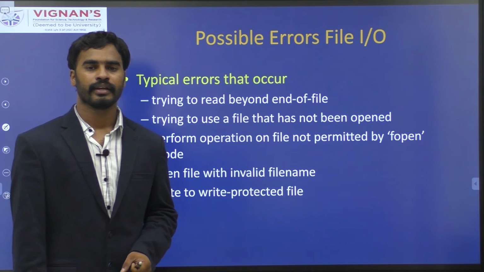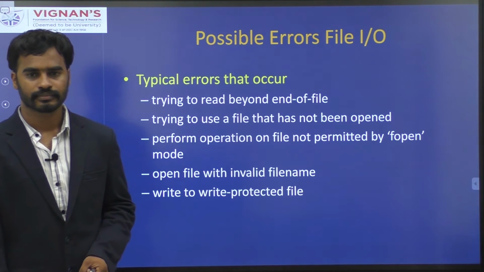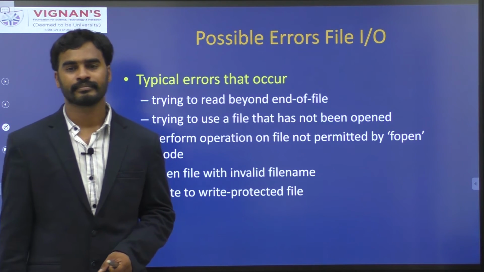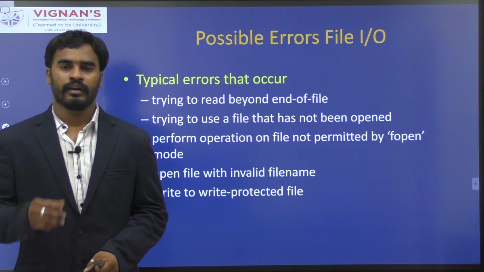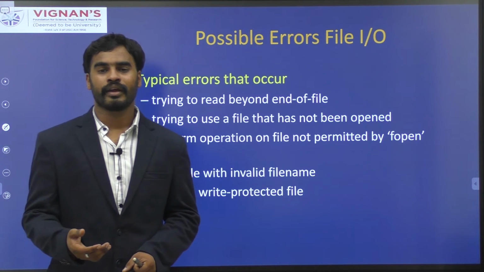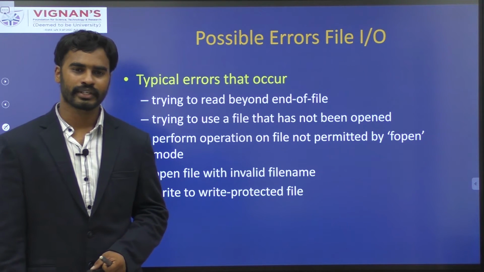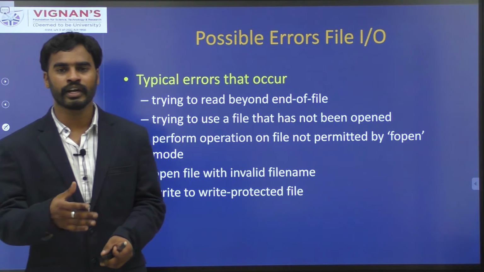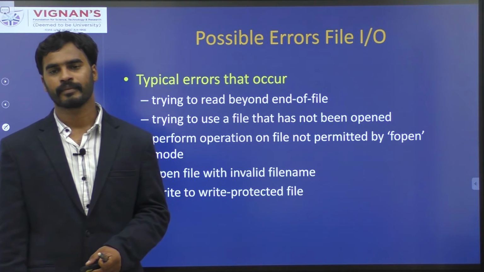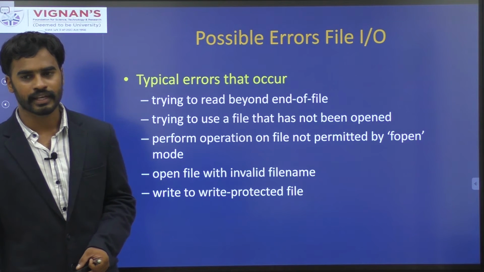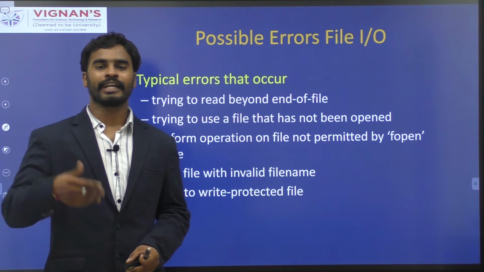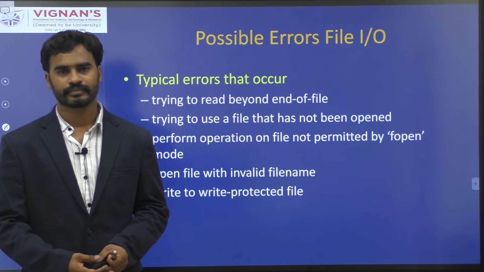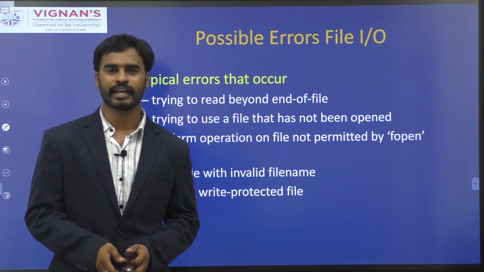The reasons may be that the file may not exist, the path you are specifying may not be correct, or the file you would like to open is write protected or read protected. These are some of the errors you will get when trying to open a file, and you will get other errors like reading data beyond the end of the file. We will see how to handle these errors.